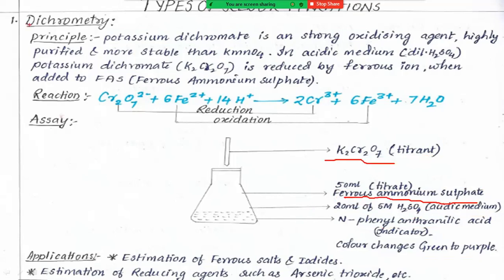So that's why this is called dichrometry. Okay. Not only ferrous salts, we can also estimate iodides and other reducing substances like arsenic trioxide, etc.